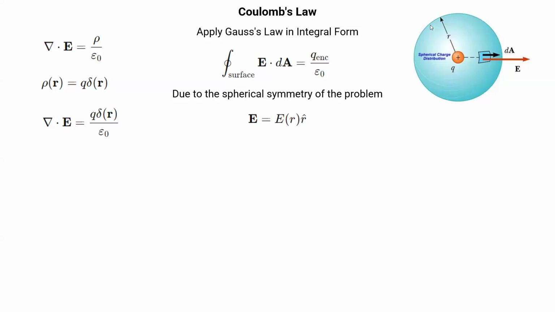So the electric field on the surface of this auxiliary sphere is exactly the same. This is illustrated by writing the electric field this way. So it is a function of distance, but not the orientation in space.